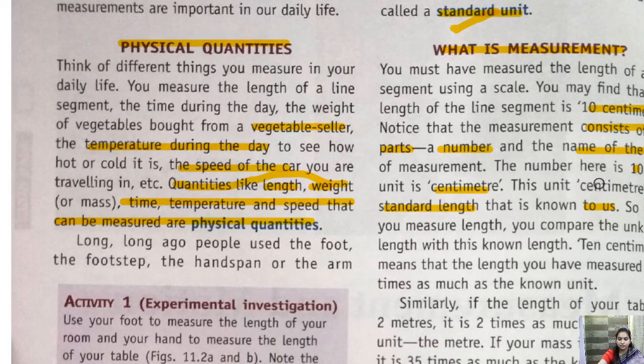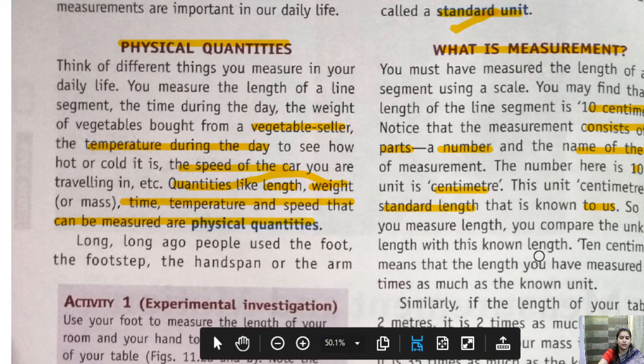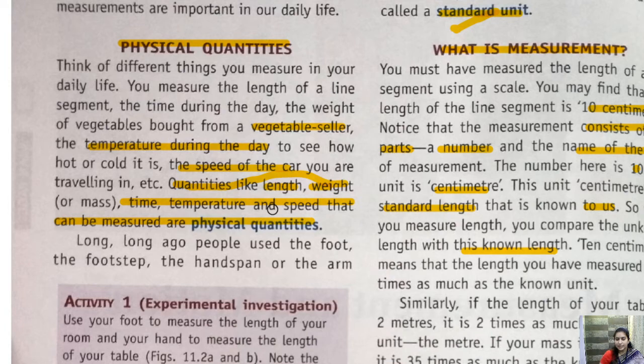Okay. So when you measure length, you compare the unknown length with this known length. So what we are doing here, like always we compare it with something or the other. जैसे कि if I am saying that you are a good boy, so I am knowingly or unknowingly comparing you with the other boy.